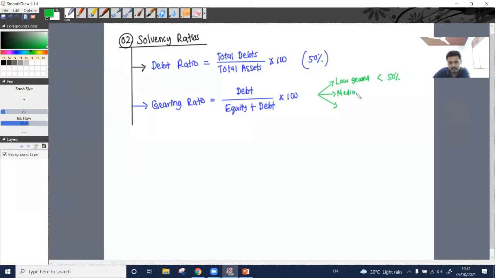And for a medium, or we can say average geared company, if it is around 50%, we can say it is medium geared or average geared. If it is greater than 50%, then that is considered a highly geared company.